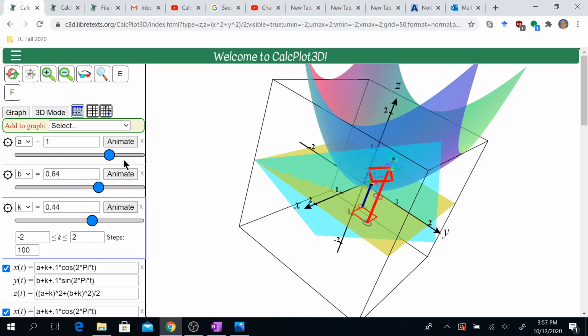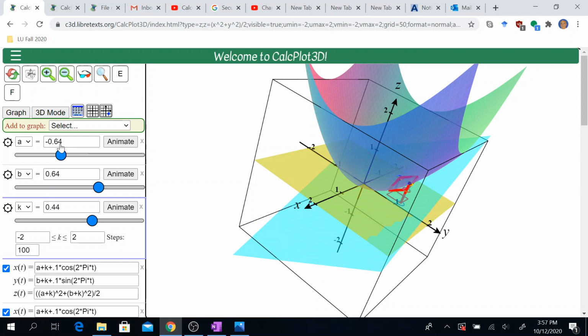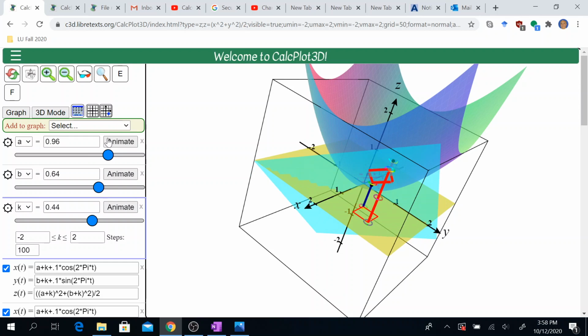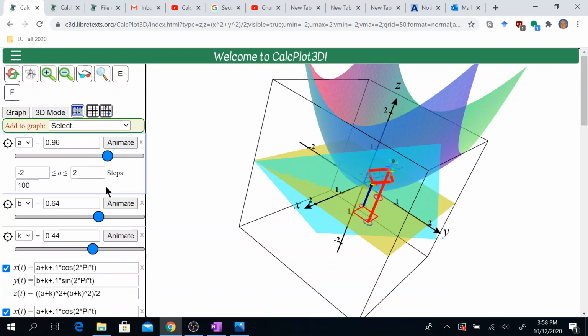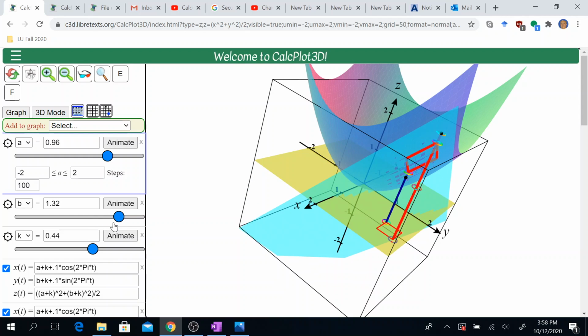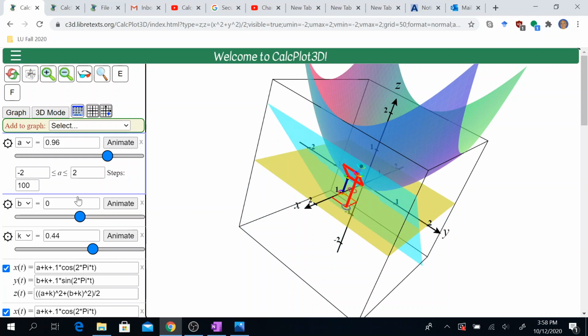Of course, I can change my location here. If I go around, my tangent plane also moves around with me. So I can go around my surface, and my tangent plane is just sliding over the surface as I go around. The same thing happens at any location. I can change my y value the same way, moving it back and forth.